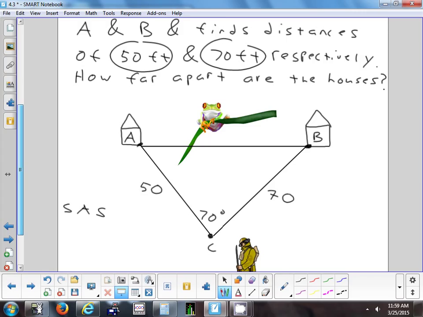And all you want to find is this. Okay. This is where I would just try to think of the law of cosines in general. Don't try to figure out what side is A and B and C, because they're using A and B to represent houses, which are like the vertices, not the sides.